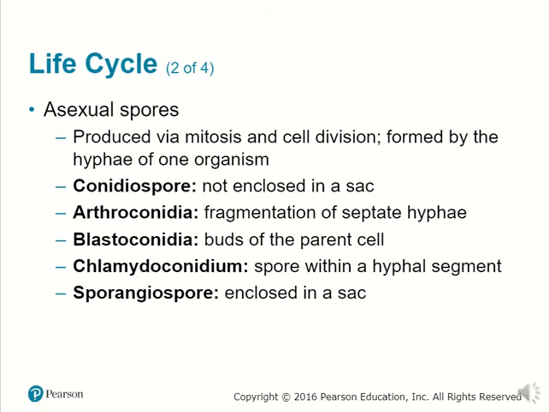Conidiospores are not enclosed in a sac, whereas arthrospores are the fragmentation of septae or perforations along the hyphae. There are blastoconidia, which are buds off of a parent cell, chlamydoconidia, which are spores within a hyphal segment, and then sporangiospores, which are enclosed in a sac.